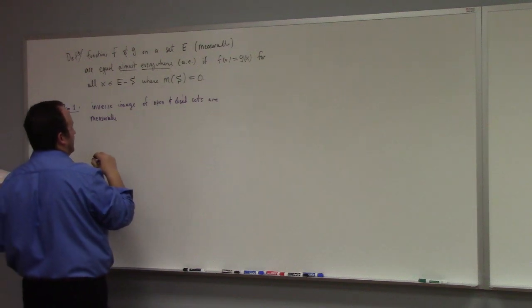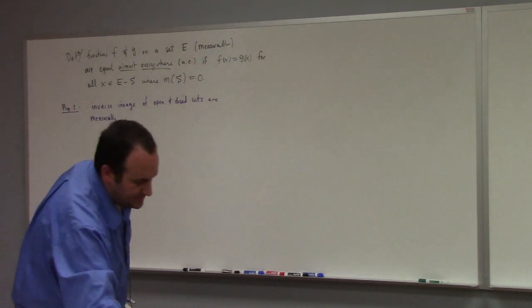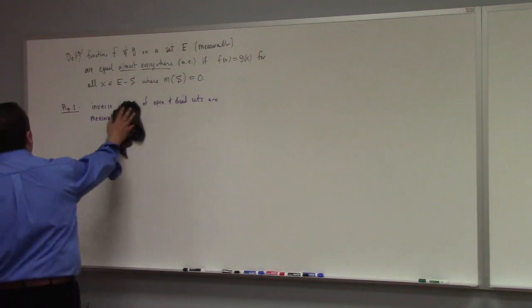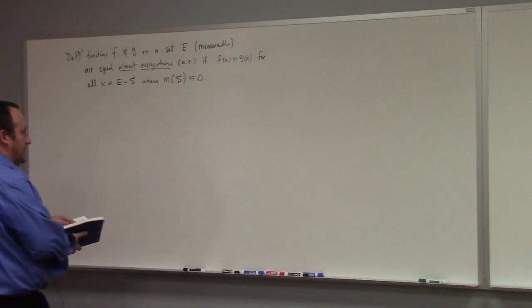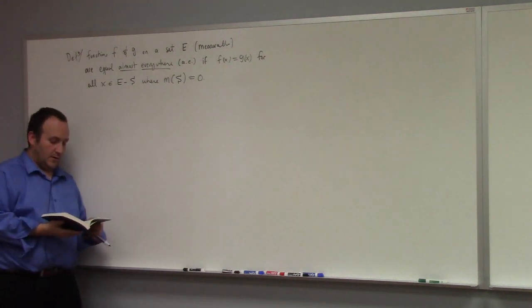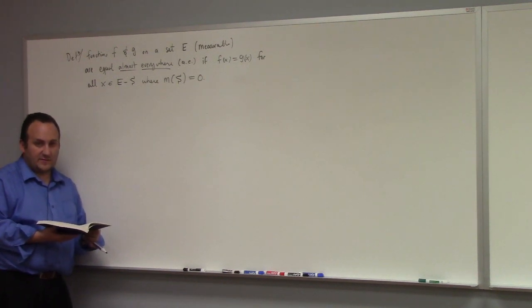Well, I don't want to write these all out again. Let me stop writing these, so let me use words. So property 1 says that a finite valued function f is measurable if and only if the inverse image of every open set is measurable.